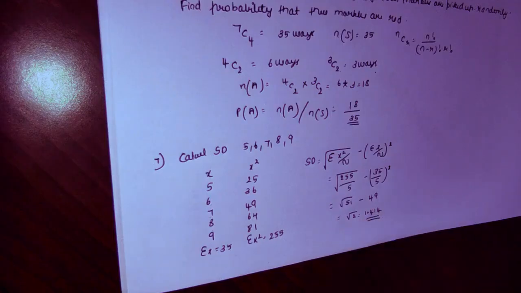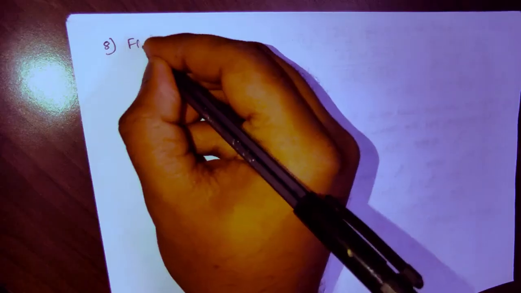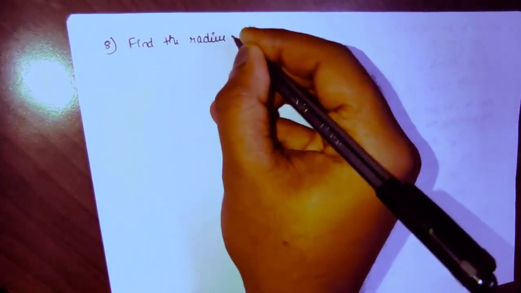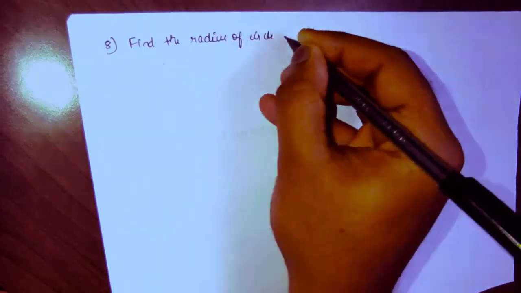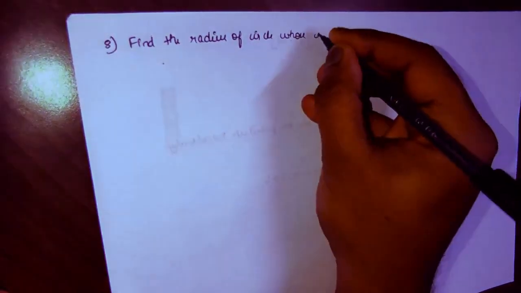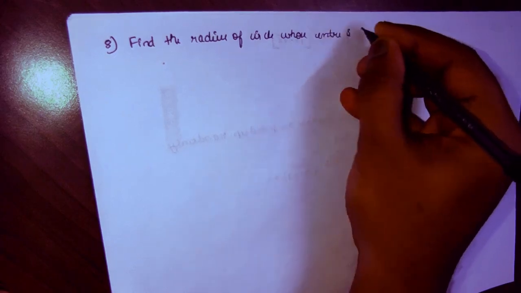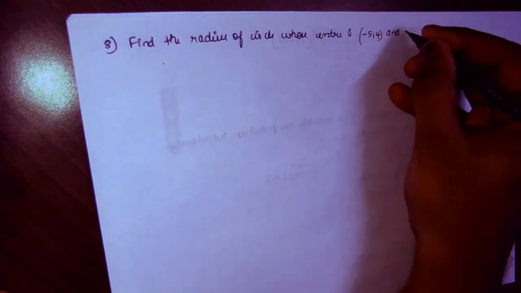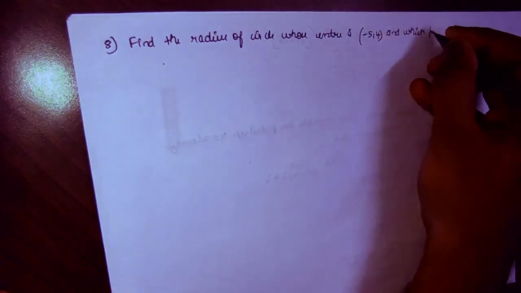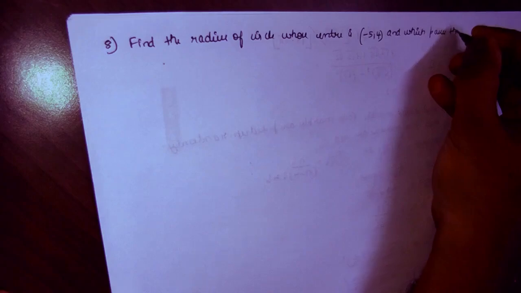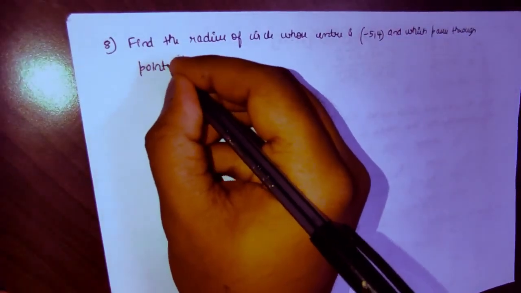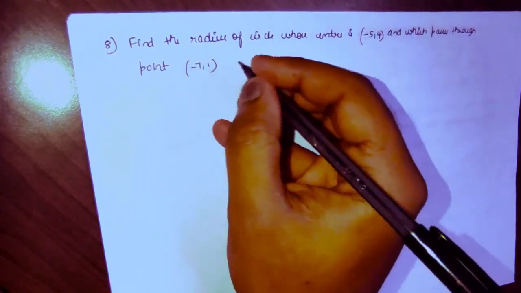Now we will move into the 8th question. Find the radius of a circle whose center is (minus 5, 4) and which passes through the point (minus 7, 1).